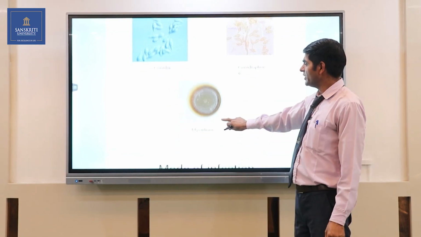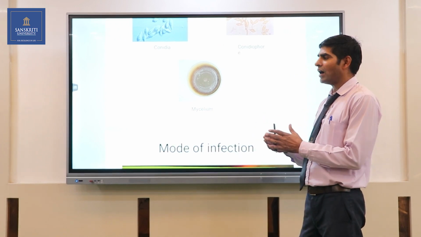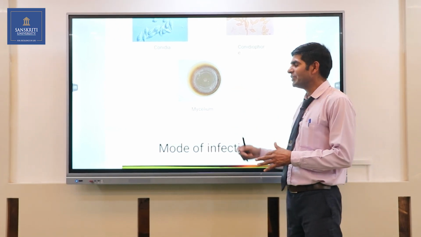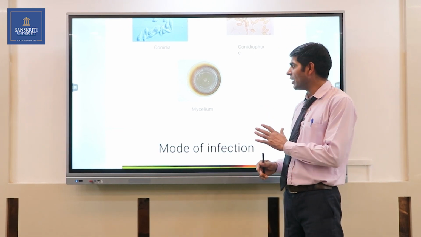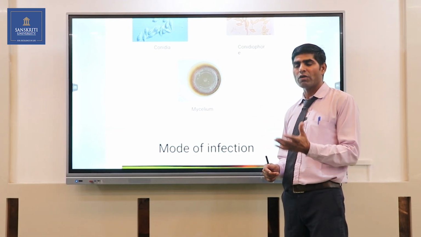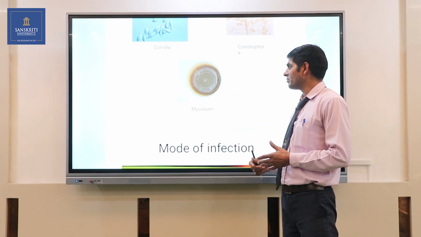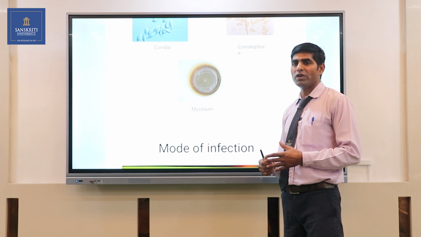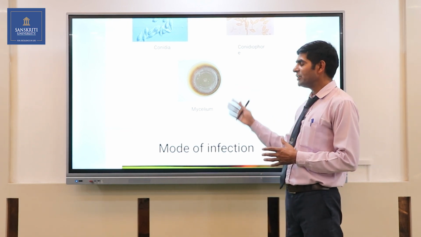And now we discuss the mycelium. How will you check that this is the mycelium of Pyricularia oryzae? Because on the basis of the morphology and color of the fungus, we can identify it.